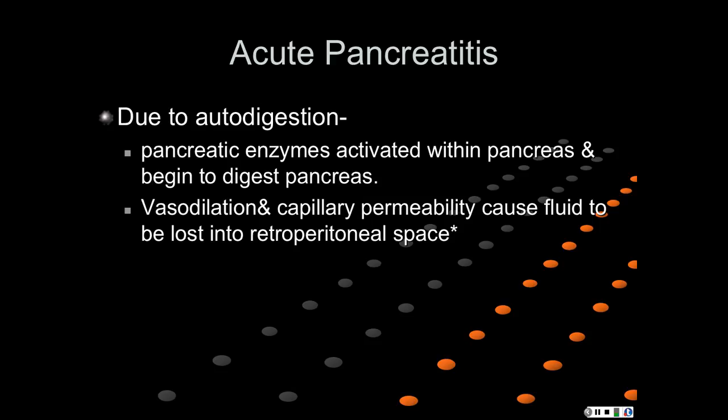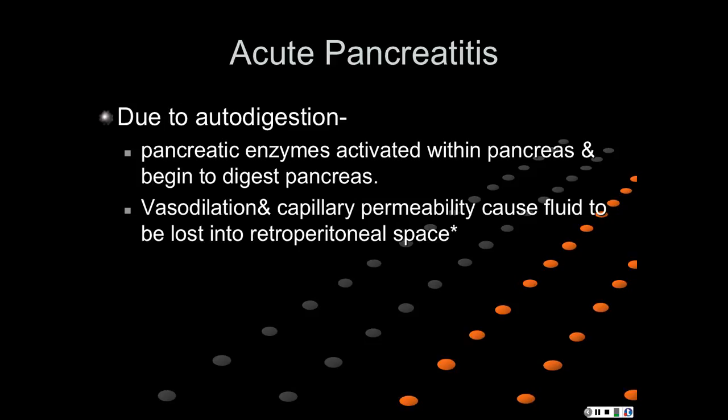Most of the time they are carried via the pancreatic duct to the duodenum, where they aid with the digestion of protein. But this time they start breaking down the pancreas itself.